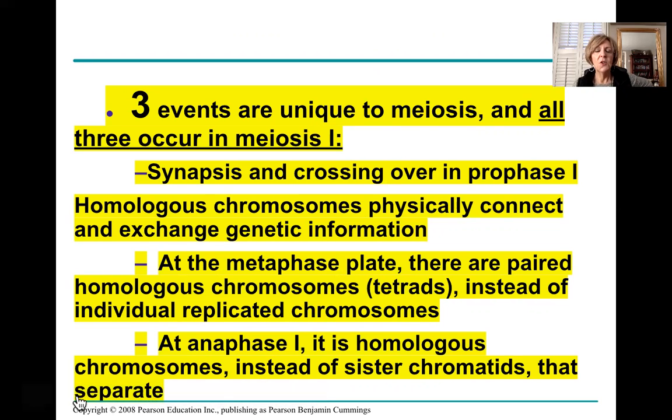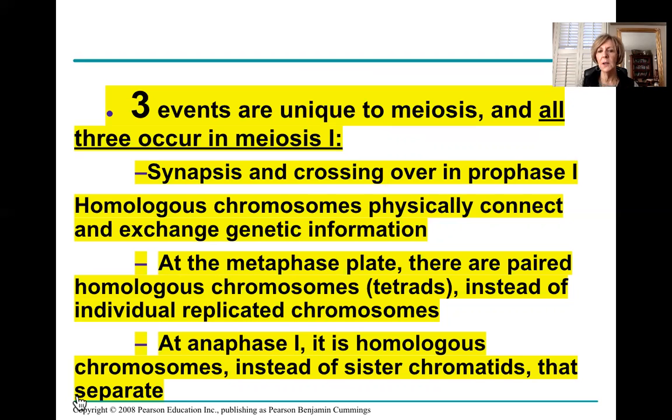So here are 3 events that are unique to meiosis, and they all occur in meiosis 1. Something called synapsis and crossing over. So this is where the homologous pairs line up, and they end up touching, their non-sister chromatids touch with an arm of the chromosome on the pair that came from either the mother or the father, and they physically exchange chunks of DNA.